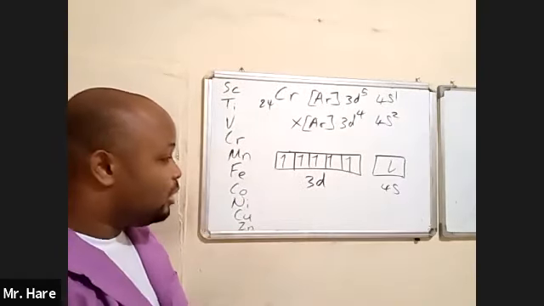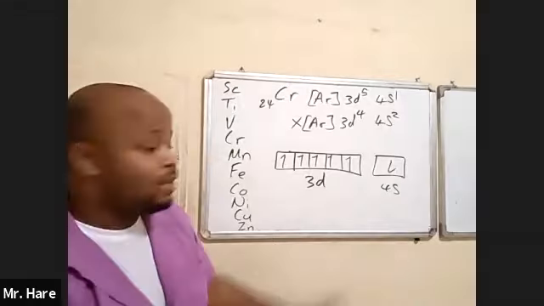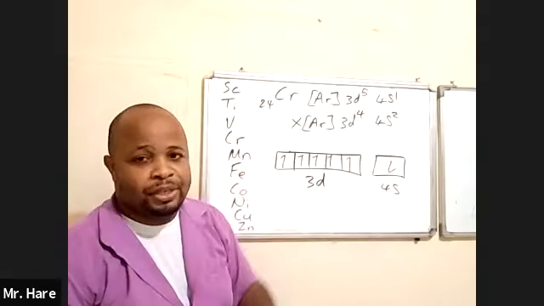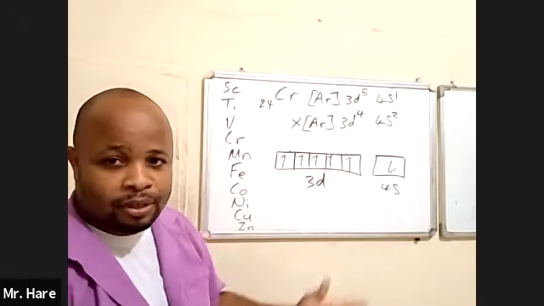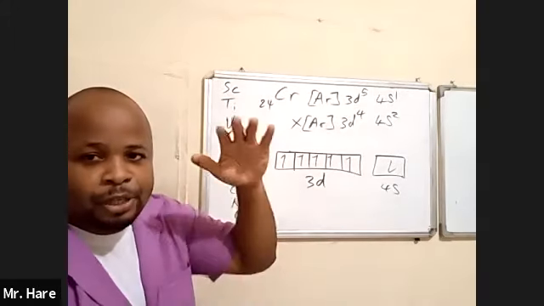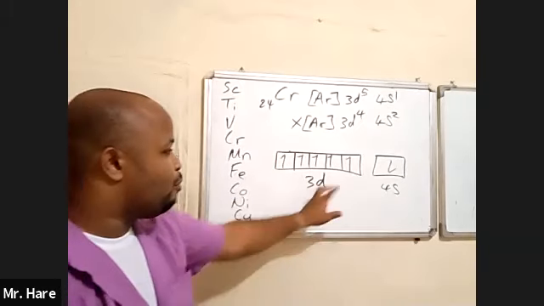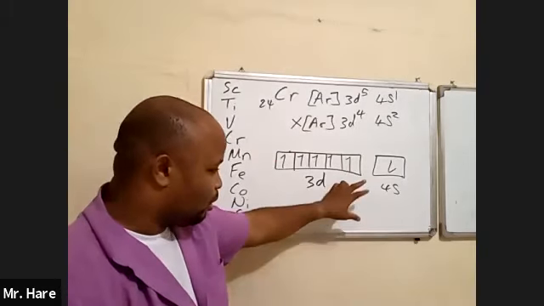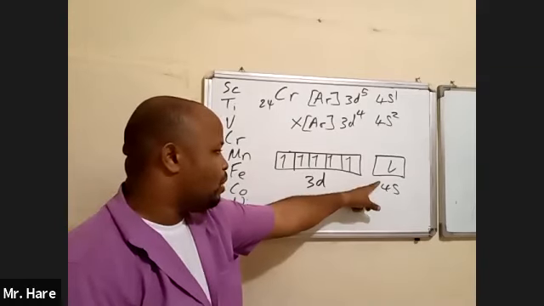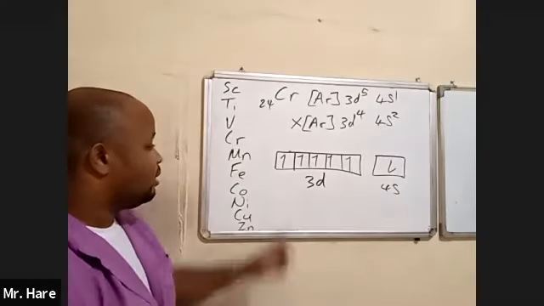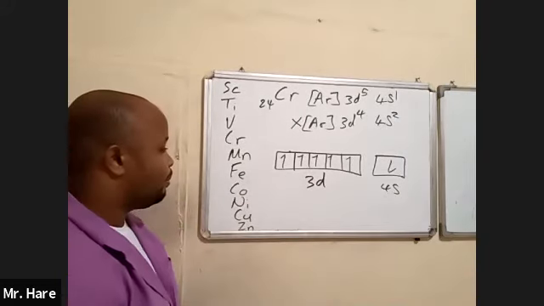Well, that's the reasoning that is provided, that in chromium the 3d and 4s orbitals are close in energy. So we could assume that for the other ones where the promotion does not take place, the energy gap would be too large. All right. So in chromium, it's actually close, so we can promote one from the 4s to the 3d. All right, that is for chromium.